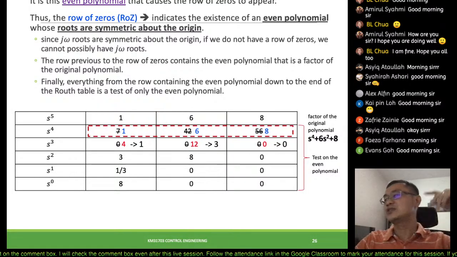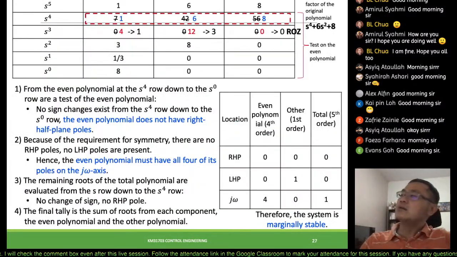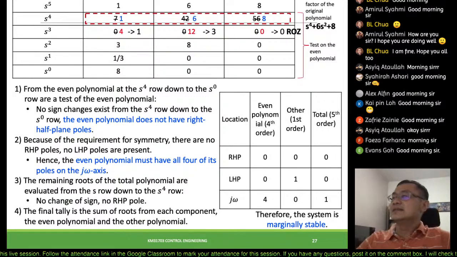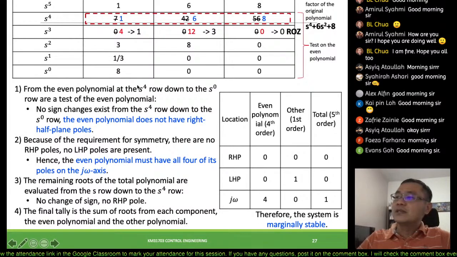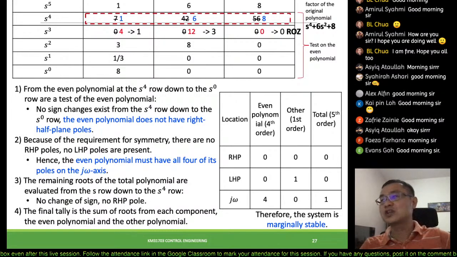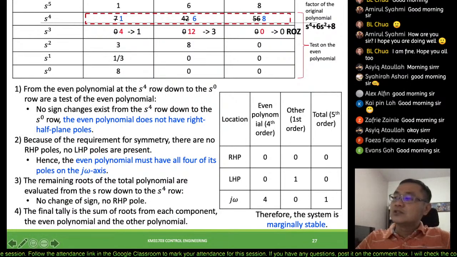So it is symmetry about the origin. So now, how could we interpret it, okay? So from the even polynomial, at row s power 4 down to s0, this would be, we call it a test on the even polynomial only, not the original anymore, because we have transformed it, right?